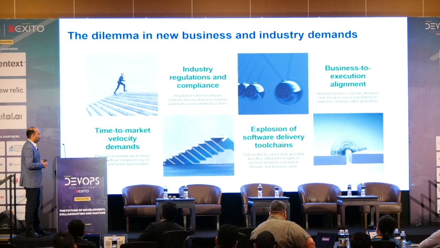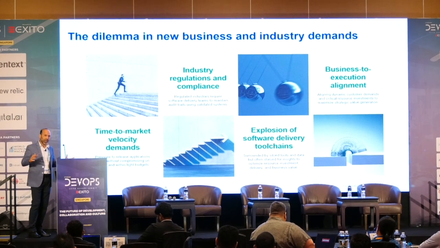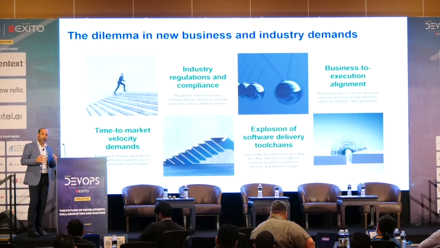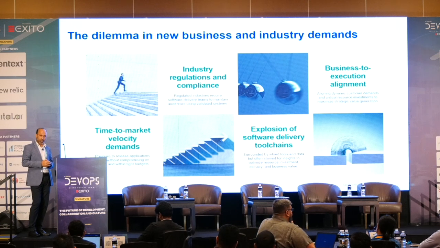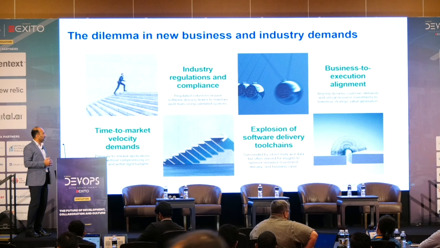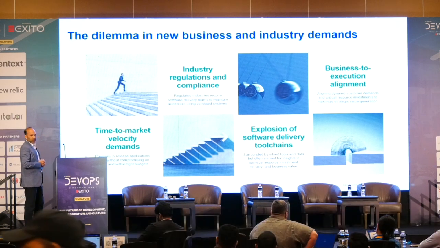Next, the explosion of the software delivery toolchain. We are surrounded by silo tools, and because of that, the data is scattered everywhere. So we are unable to get the insight required to optimize resources and align with our business outcomes, and unable to get the insight to improve performance. All these challenges come up.